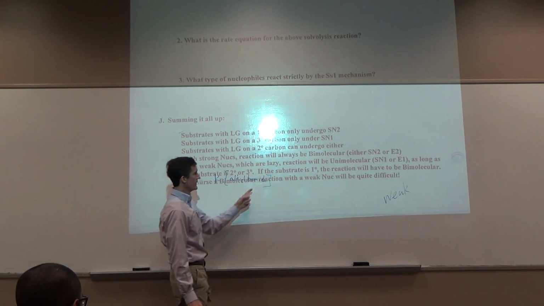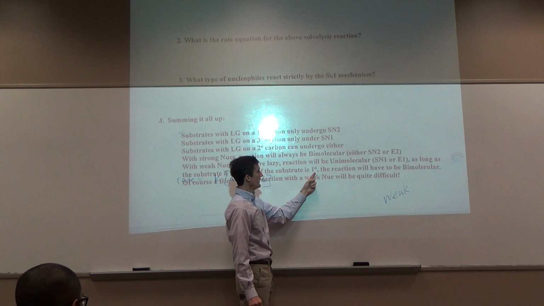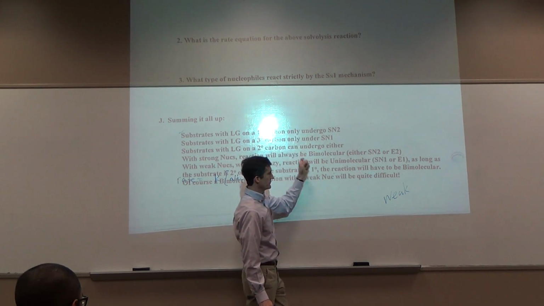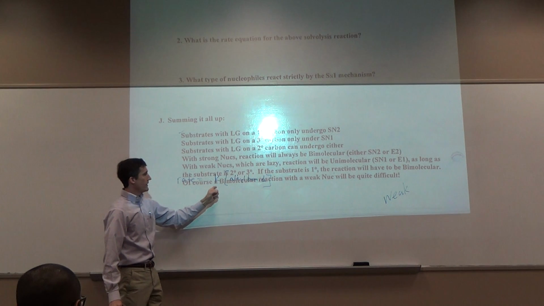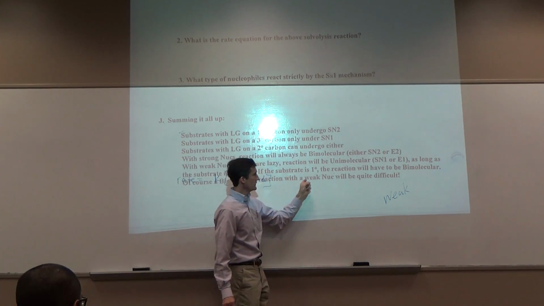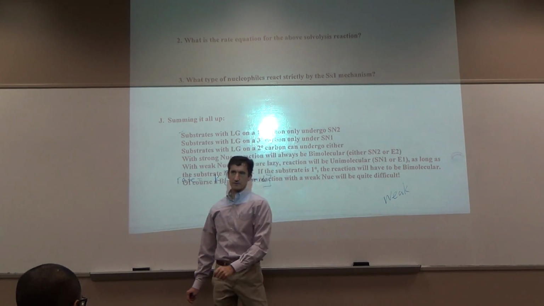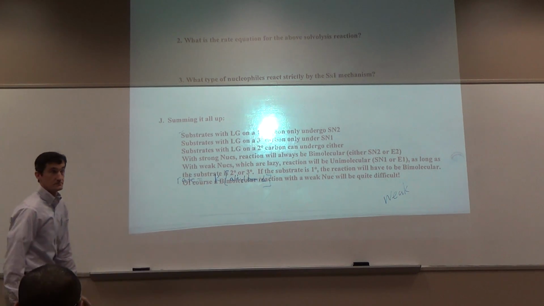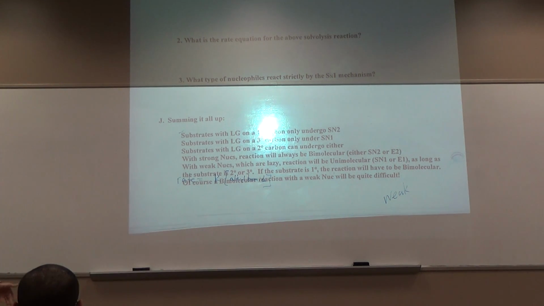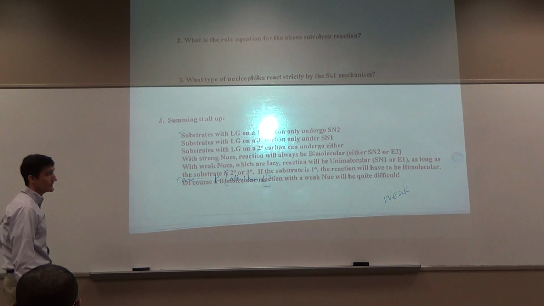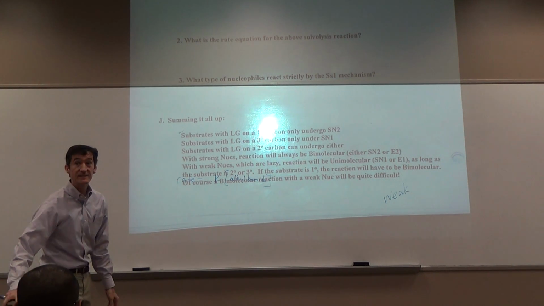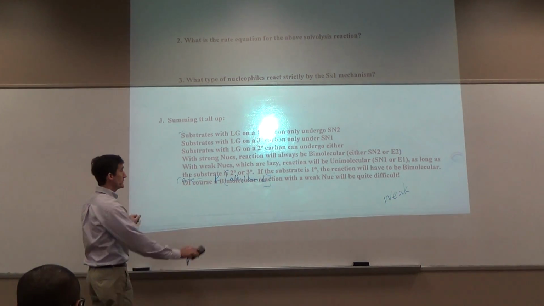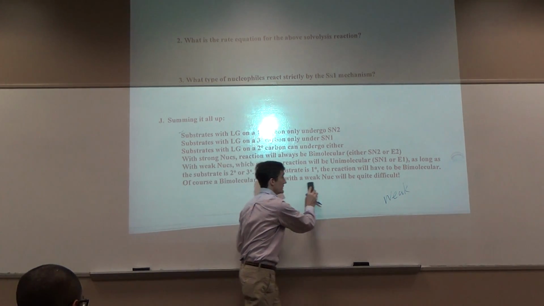Now, of course, if the substrate is primary, thus the reaction will have to be bimolecular. But a bimolecular reaction with a weak nucleophile will be quite difficult. And actually, we said it won't happen. But sometimes you can see it happen, but it'll take a very high temperature. It'll be sort of an exception. Okay, so there's your summary.